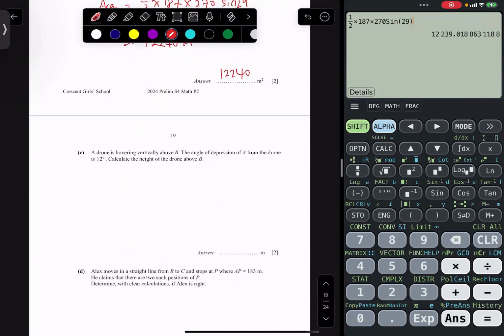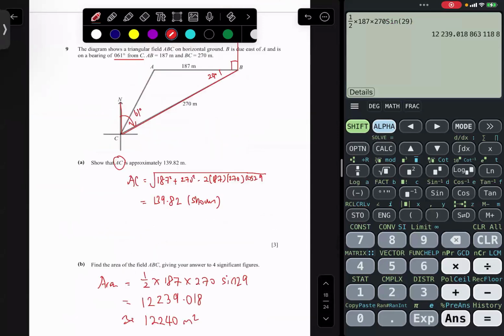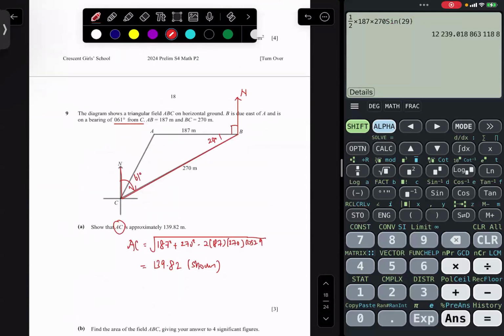A drone is hovering directly above B. The angle of depression from the drone is 12 degrees. Angle of depression is the same as angle of elevation, right? So that means A looks up to the top. Let's just use the angle down here, 12 degrees, and I want to find the height.